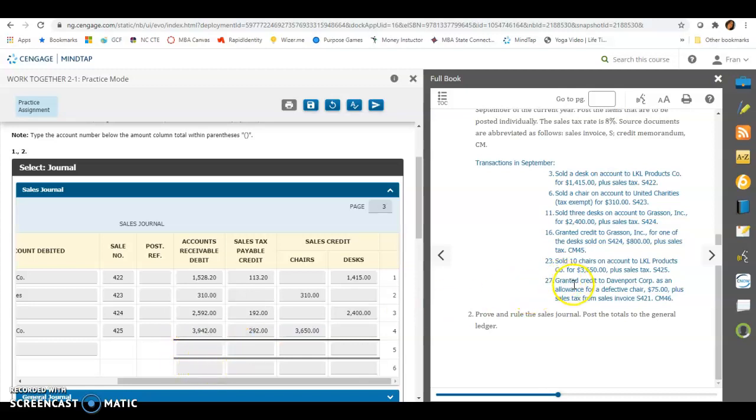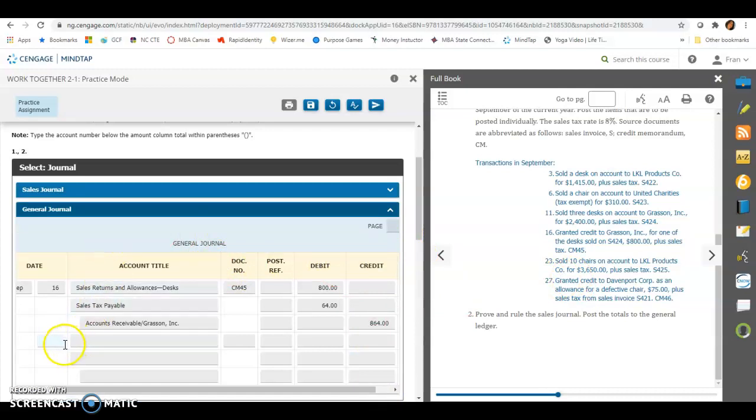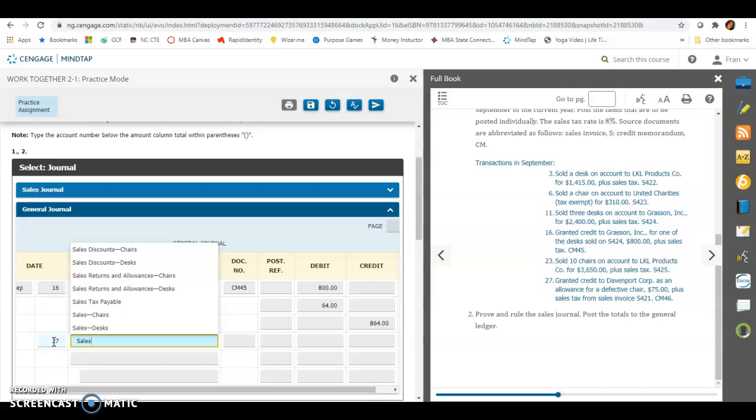And the last one on the 27th, another credit that we're going to be doing. So we have to open the General Journal, 27th. It's going to look the same way as the last one did, where we have sales returns and allowances, except this time it's a chair.